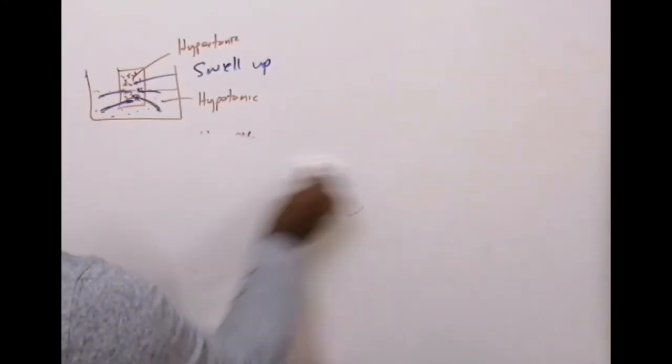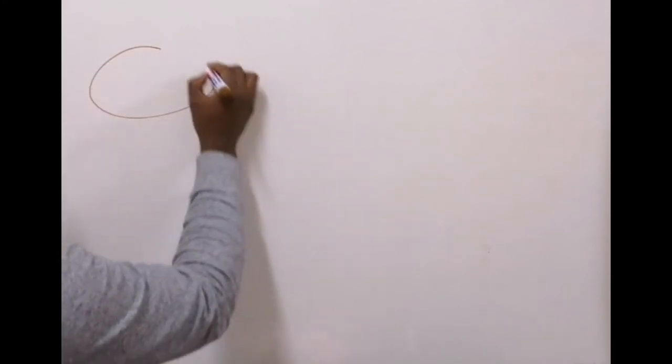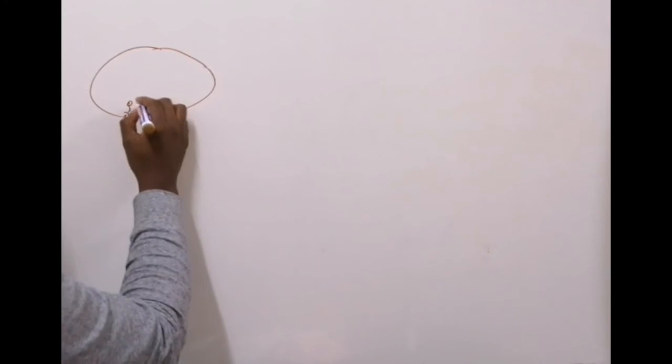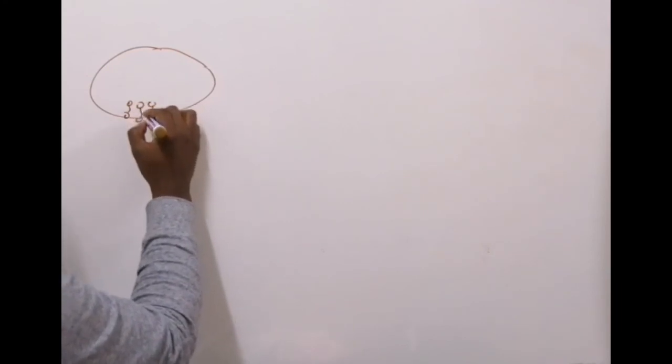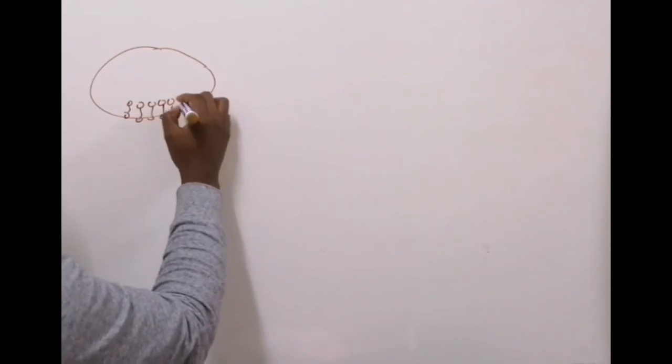Okay, let me clear space again. So remember, the cell has got a bilipid layer like that. These are more tightly packed than I'm going to draw them, guys.